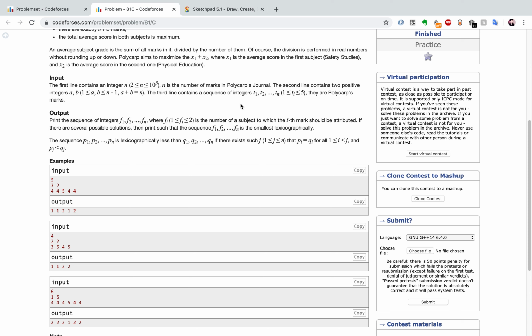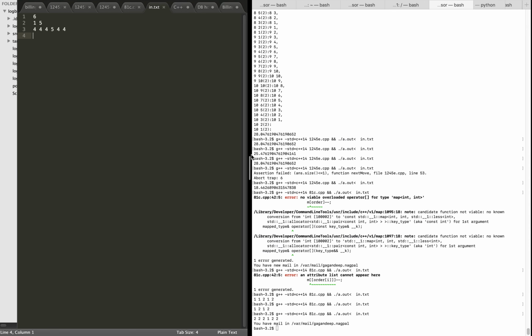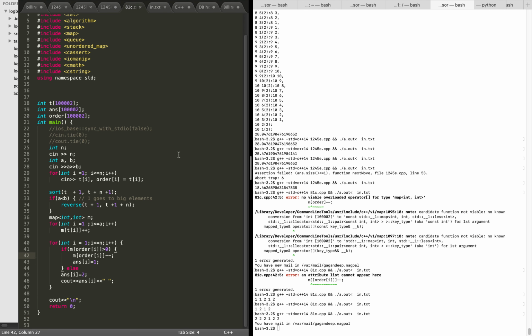The answer will eventually be the same. So the answer is all the ones and all the twos. But in other cases, I think my answer will work because it depends on the first average. So maybe we can do something like this.